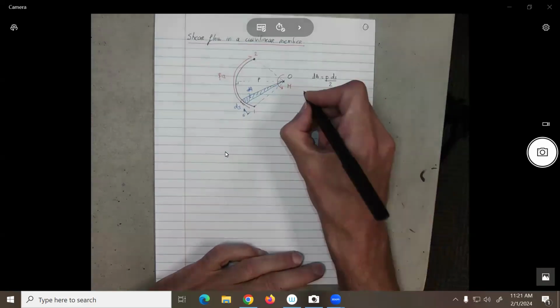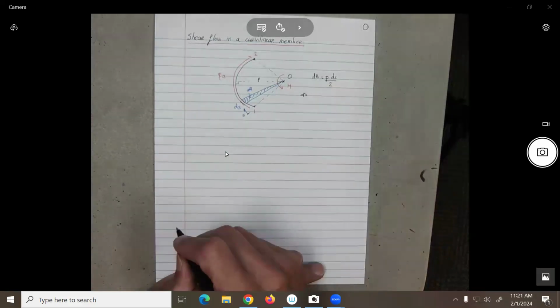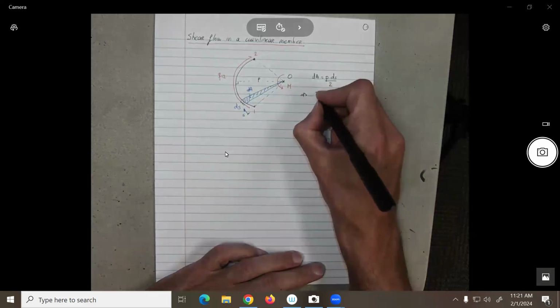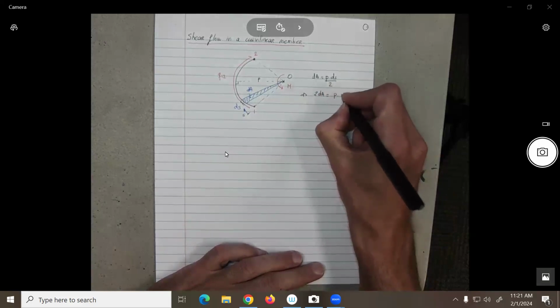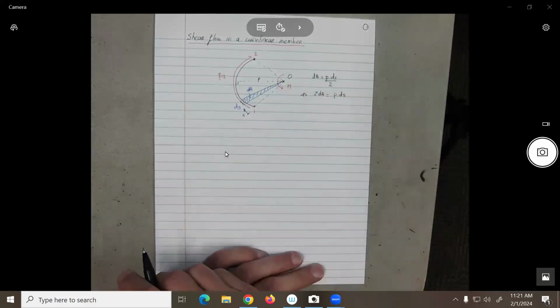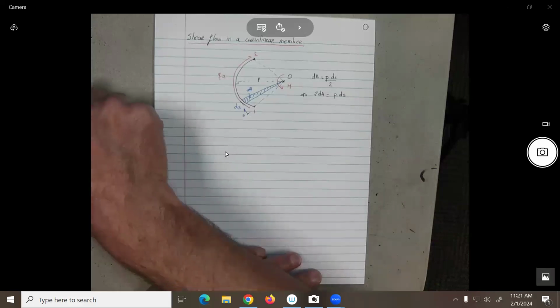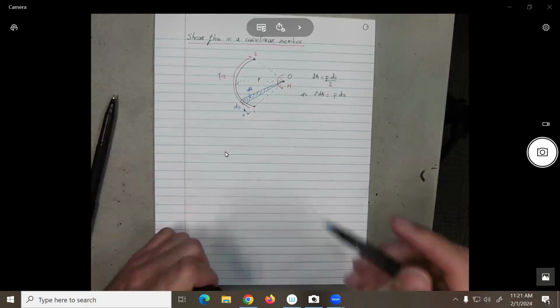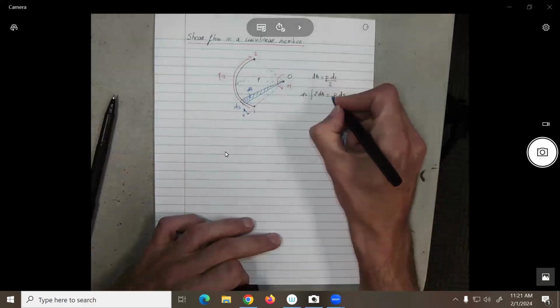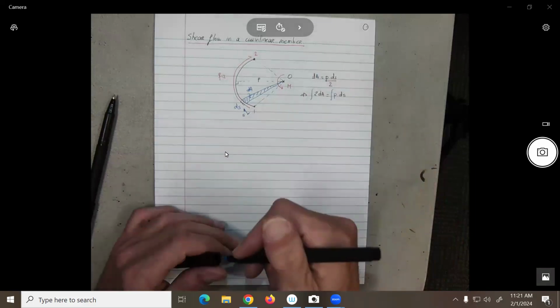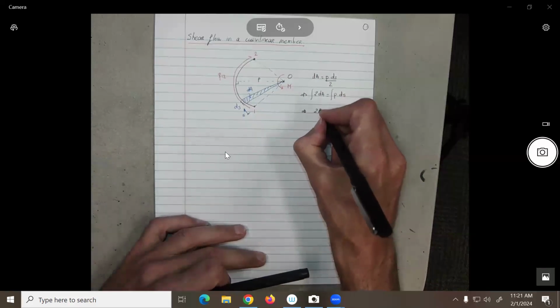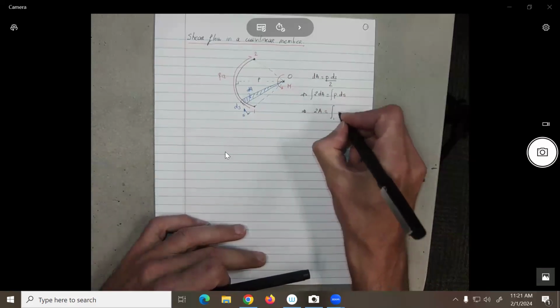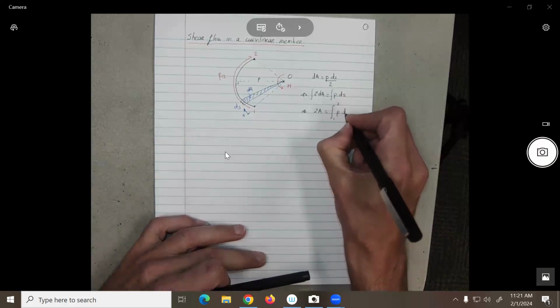Basically, this is going to give you that 2 dA is equal to P ds. Or if I integrate over here, this basically will yield that 2A is equal to the integral between 1 and 2 of P ds.